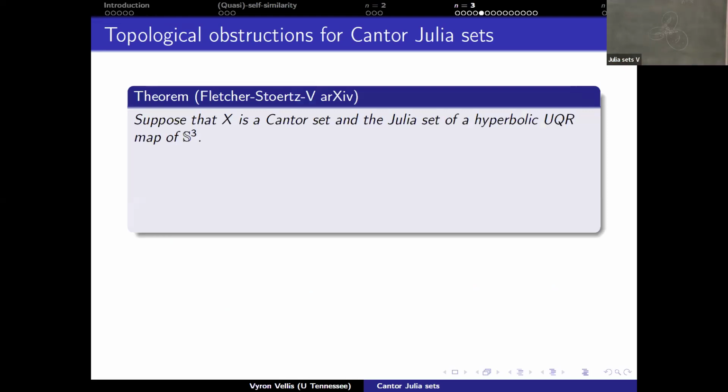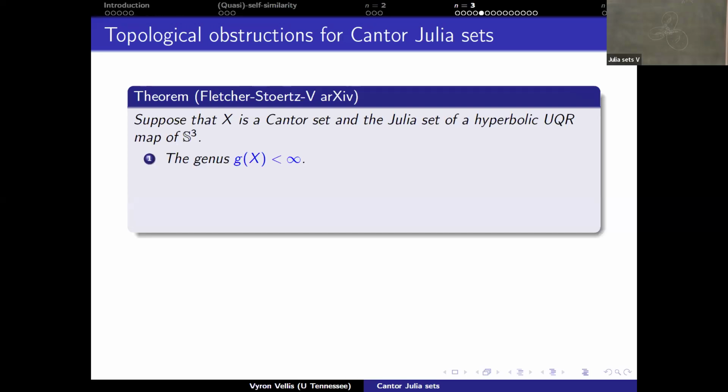And now back to Julia sets. I close the parenthesis. And this is the first of our results here with Alistair and Dan. So suppose that X is a Cantor set and it's also the Julia set of a hyperbolic UQR map. The first one says that the genus must be finite.